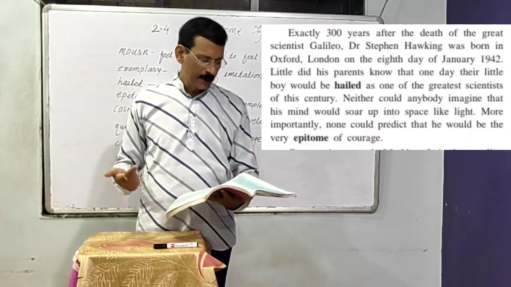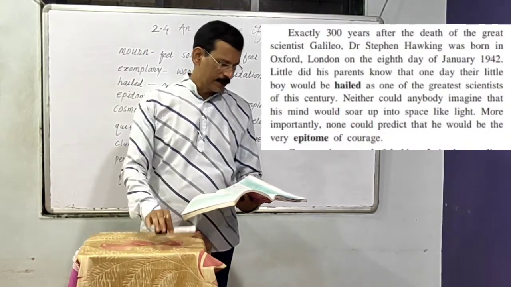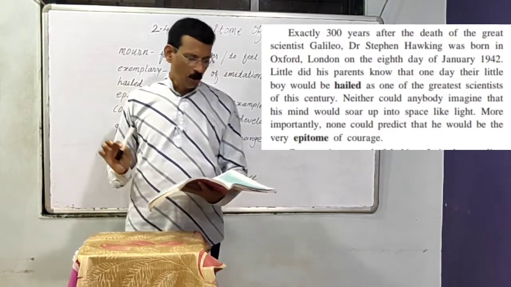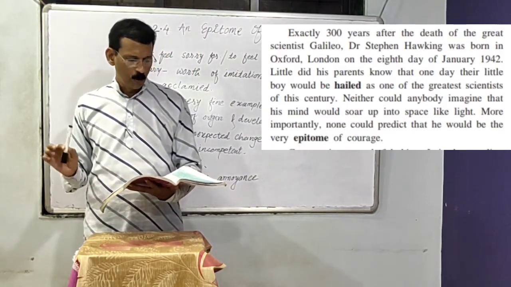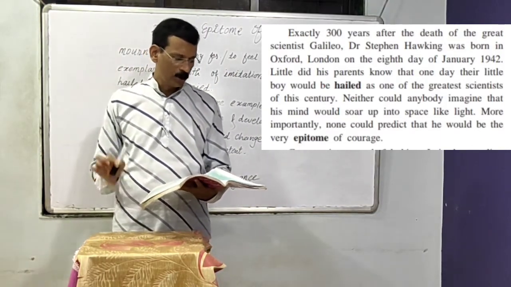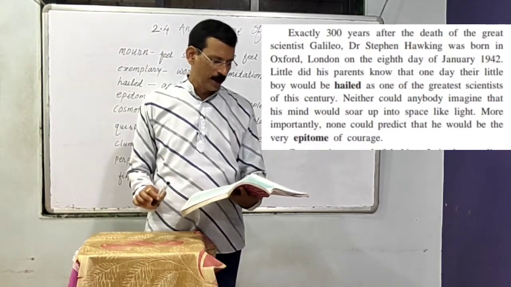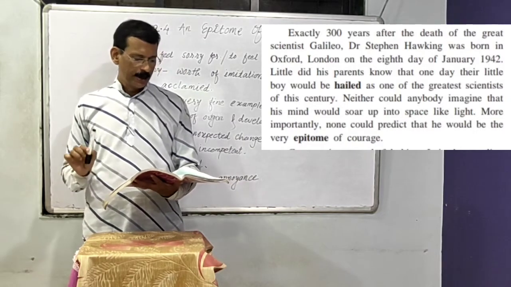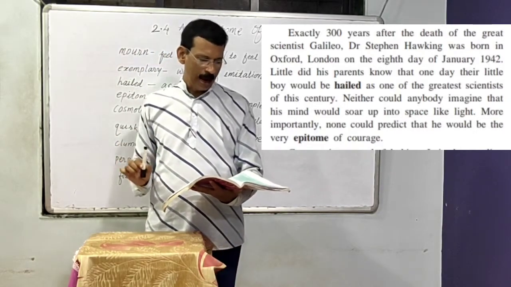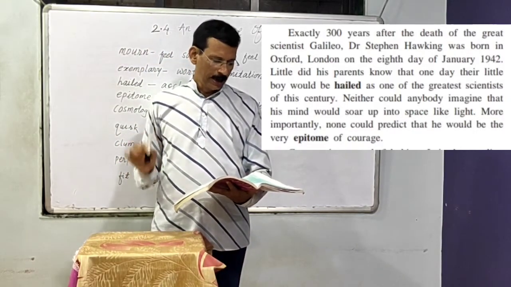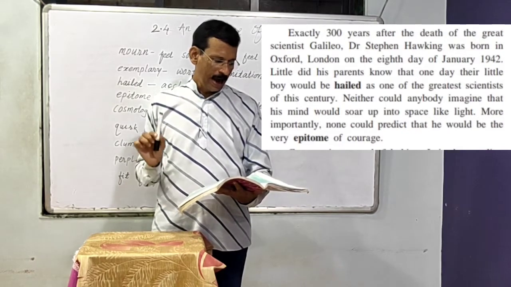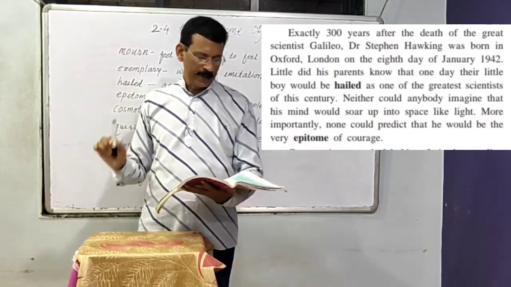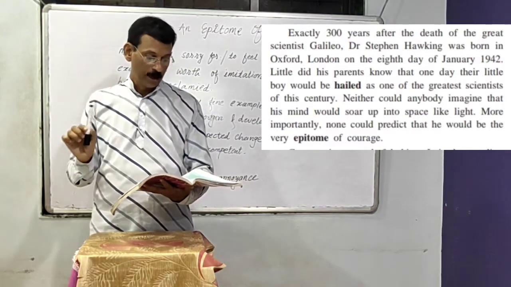Exactly 300 years after the death of the great scientist Galileo, Dr. Stephen Hawking was born in Oxford, London on the 8th day of January 1942. Little did his parents know that one day their little boy would be hailed as one of the greatest scientists of this century.